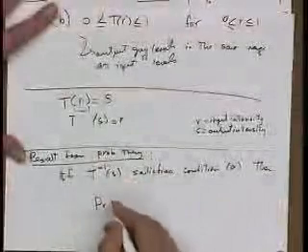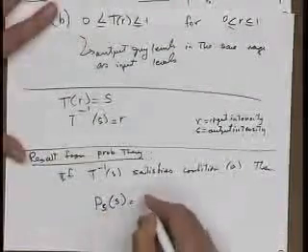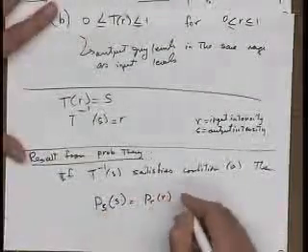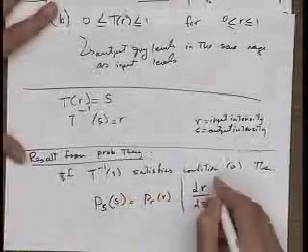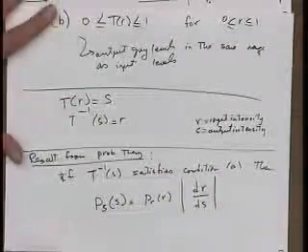The PDF of S is related to the PDF of R through this relationship. Okay. So that's straight from probability. And then rolling up the camera one more time.